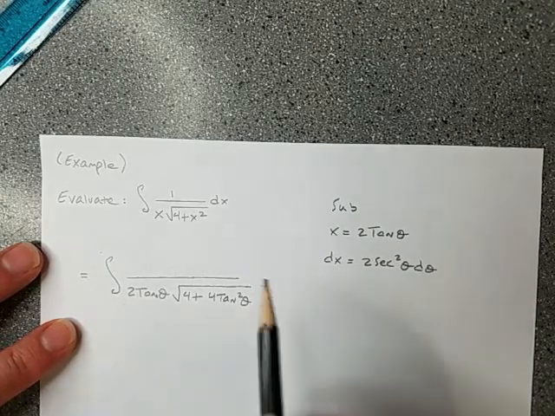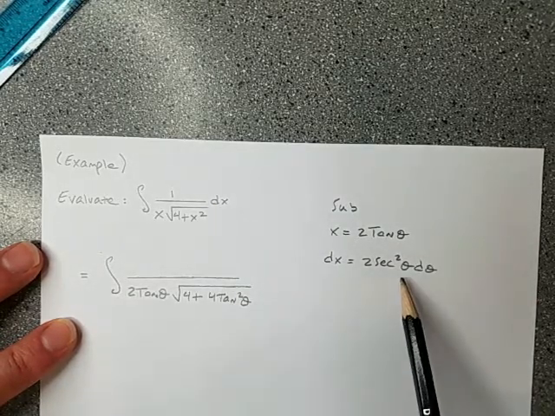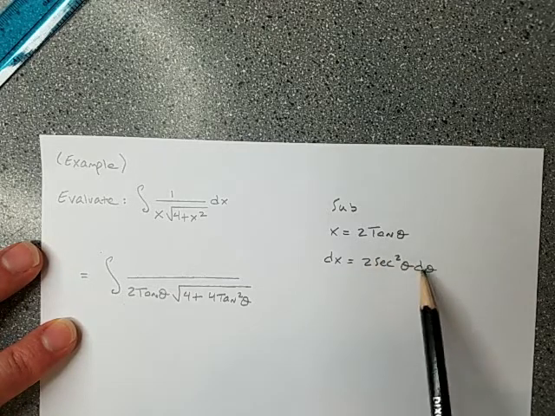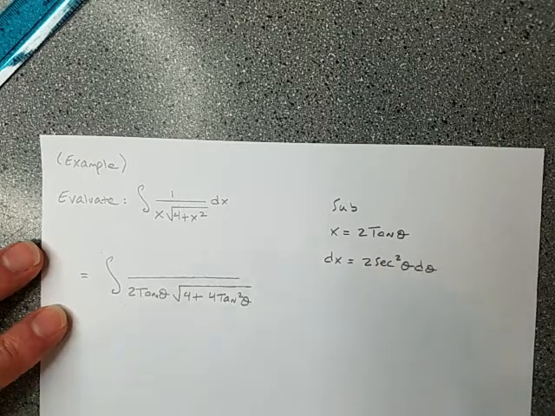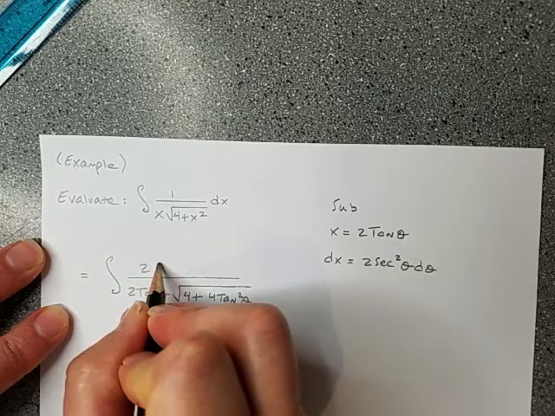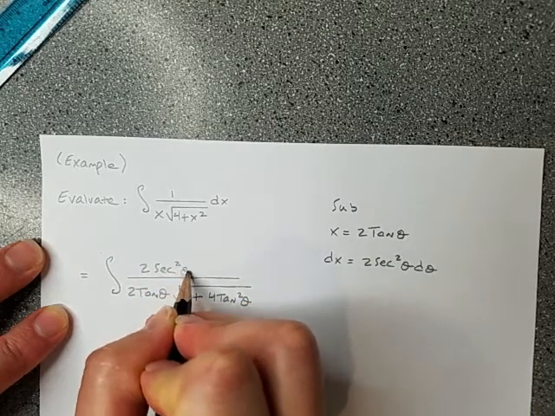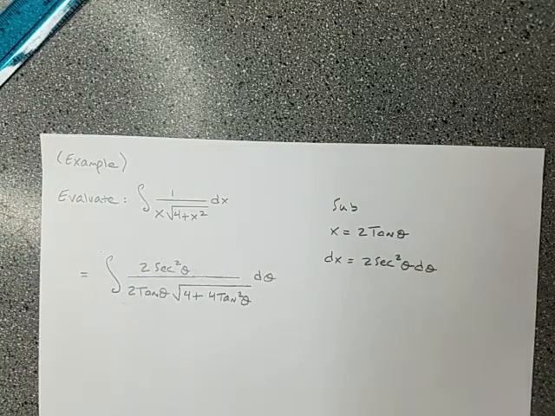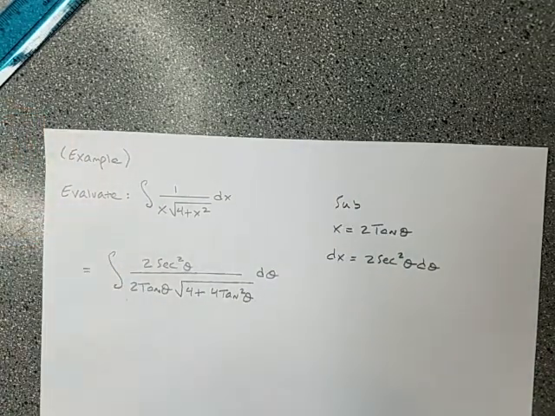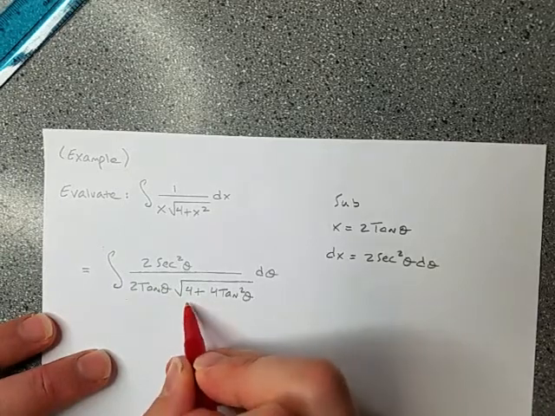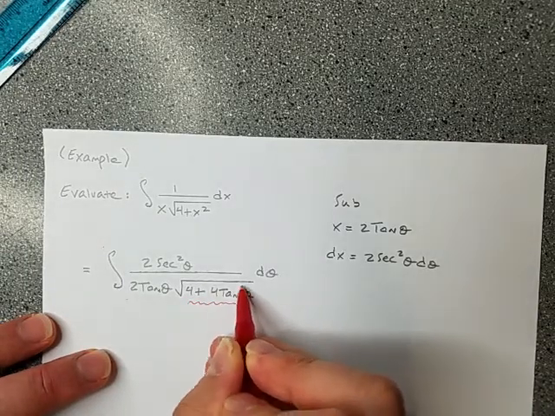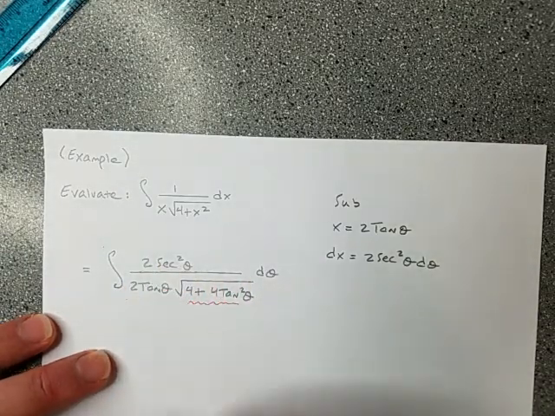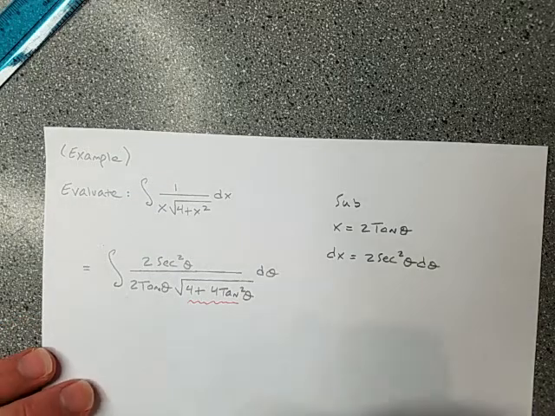Okay. Now, for the dx, 2 secant squared theta d theta, I've said before in other problems, it's not like those are all stuck together. We can put the 2 and the secant squared theta over here and leave the differential out there if you want to. All right, so we got some stuff to simplify for sure. Let's start with this. Now, I'd like to just work on this part without having to rewrite the whole thing, just to work on the part inside the root.